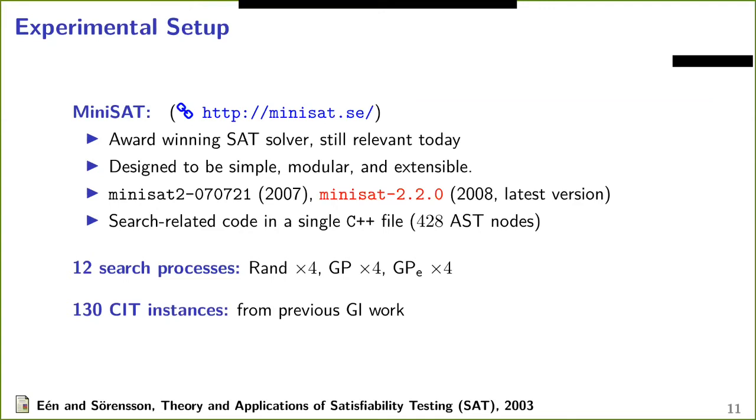And we will focus on a single file that contains all the search-related code. And that file has an abstract syntax tree of 428 nodes. We'll compare 12 search processes, so 4 random for the baseline, 4 for GP, 4 for GP with elitism, and we'll use 130 SAT instances, again from previous work.